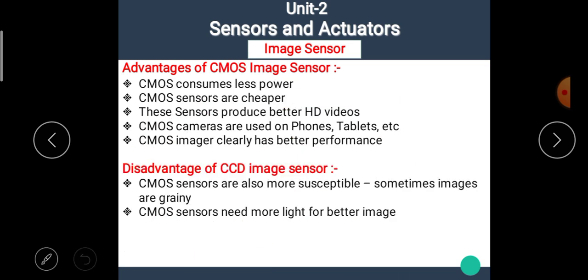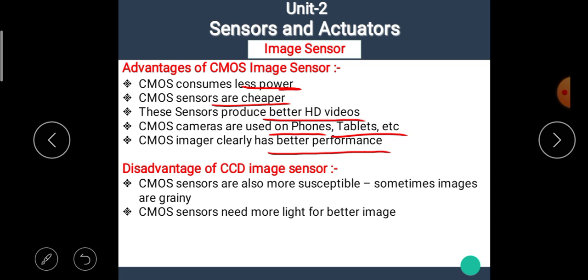Okay, now let's see the advantages of CMOS image sensor. The CMOS consumes less power. CMOS sensors are cheaper. These sensors produce better HD videos. CMOS cameras are used on phones, tablets, etc. CMOS imager clearly has better performance.